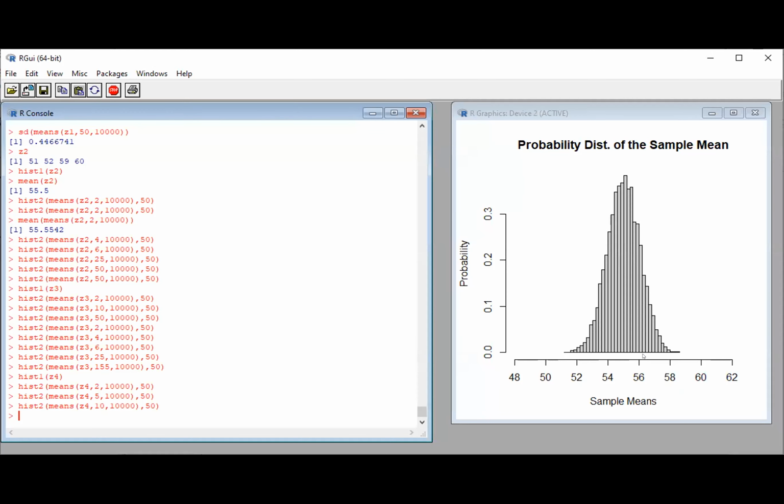And if the original data looks more like normal, then this happens earlier. If your original data is very skewed, then you will have to wait. You will have to pick larger sample sizes. But even for uniform, we saw it got normal very quickly, around 10 or 15. So unless you have skewness and very squiggly data, you become normal very, very quickly.